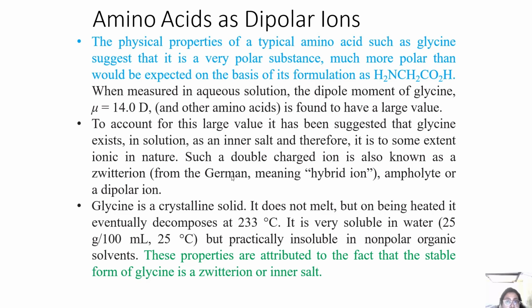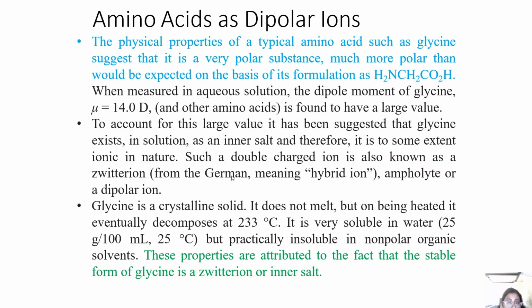When measured in aqueous solution, the dipole moment of glycine is found to have a large value. To account for this large value, it has been suggested that glycine exists in solution as an inner salt, and therefore it is to some extent ionic in nature.